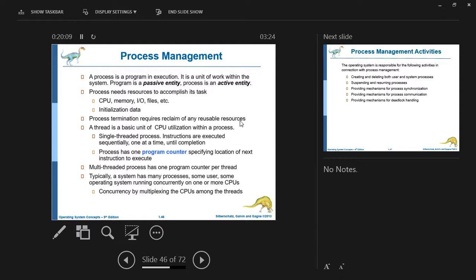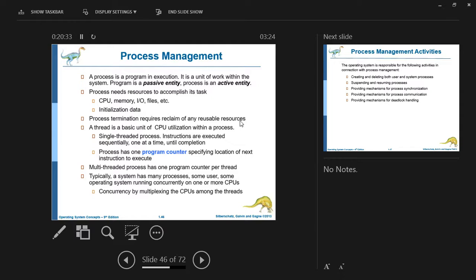In a single-threaded process, instructions are executed sequentially, one at a time, until completion. A process has one program counter specifying the location of the next instruction to execute. The program counter register, as I said, will have the instruction address which is to be executed next. A multi-threaded process has one program counter per thread.